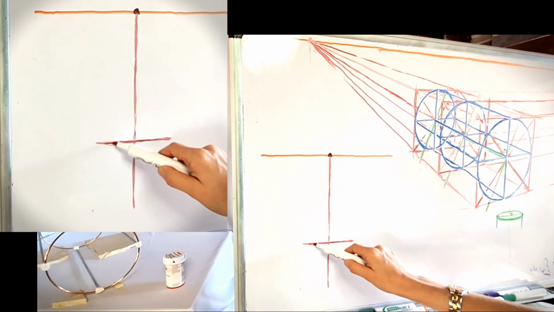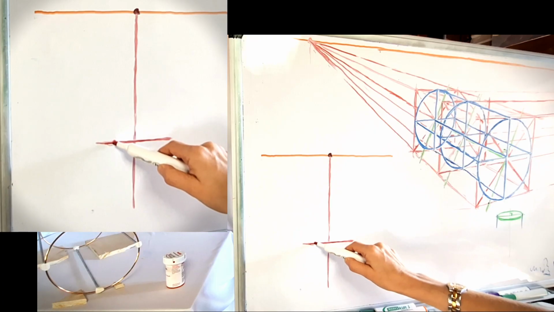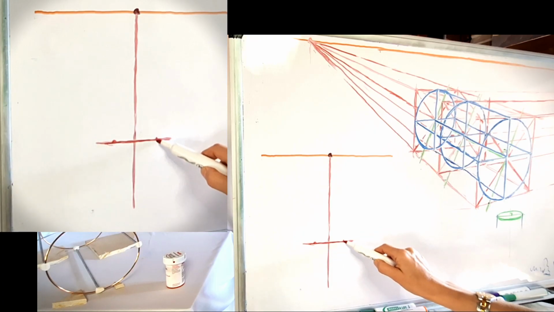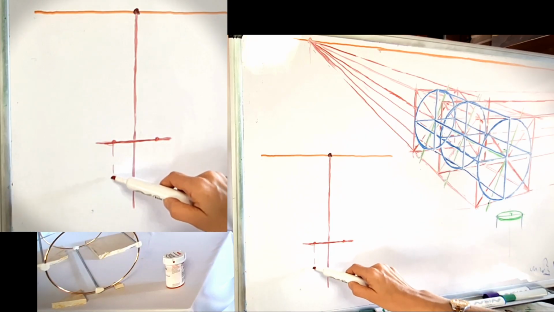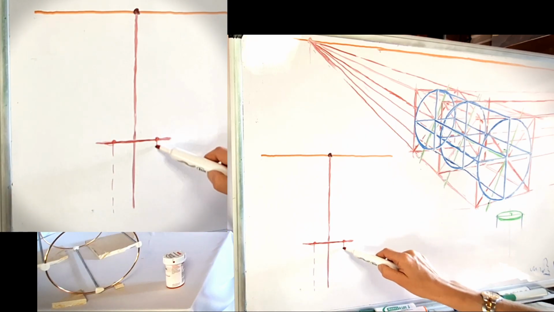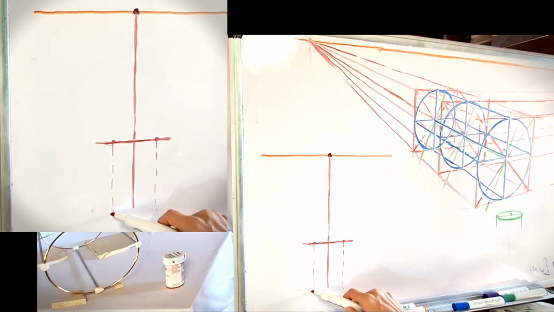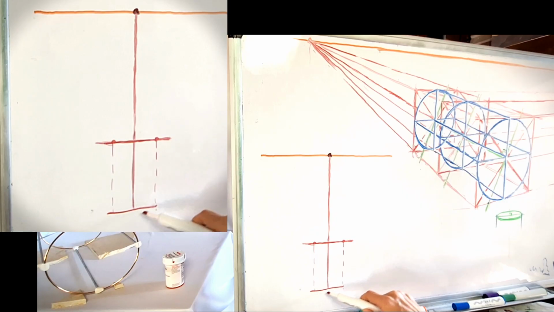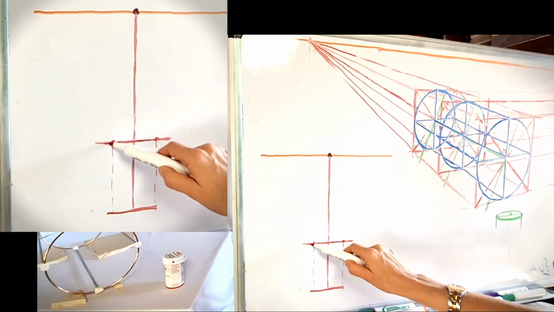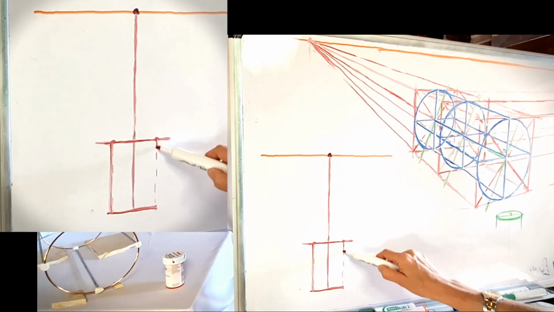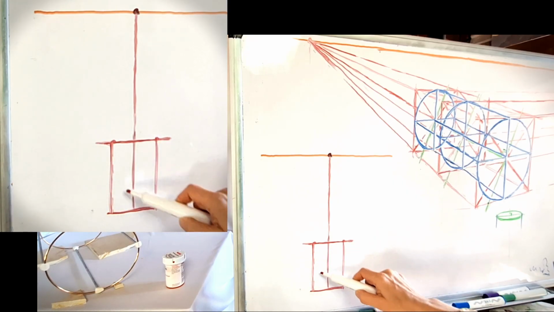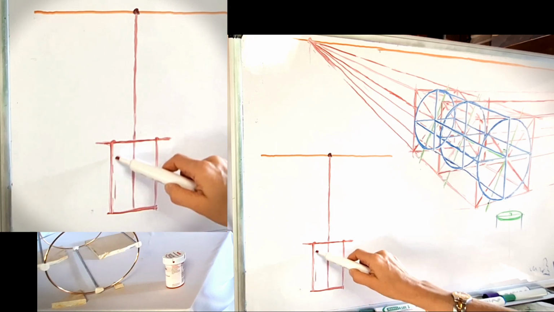So let's say that we are going to make it about this wide. Why am I making it about this wide? Because if this is the rectangular prism into which the cylindrical bottle fits, then the cylinder itself is going to be slightly narrower.